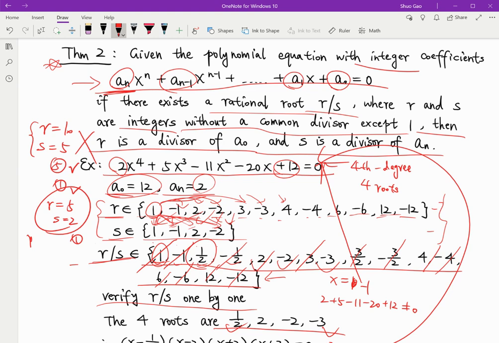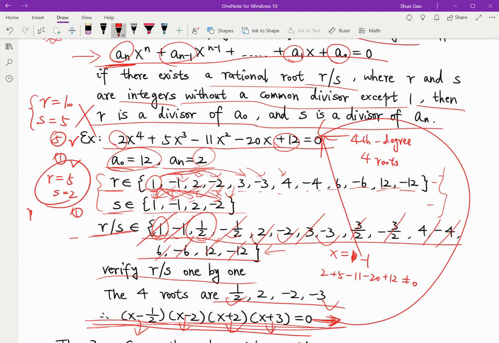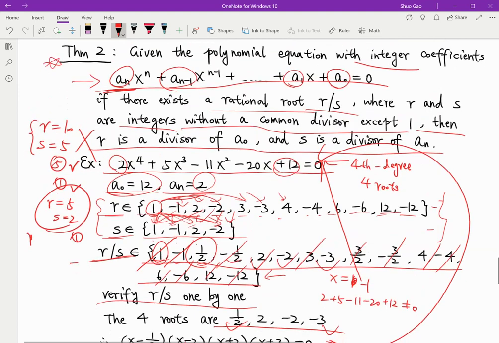It includes all the fractions, 1/2, 1/3, all the fractions, and all the integers. We only talk about rational roots here, but we don't talk about, for example, complex numbers. I think all the roots in this course should be rational roots, so you don't have to worry about complex numbers or complex roots.